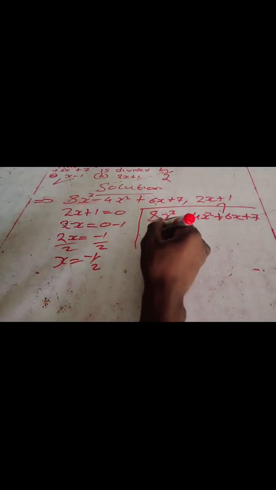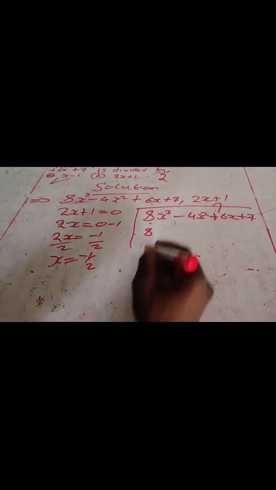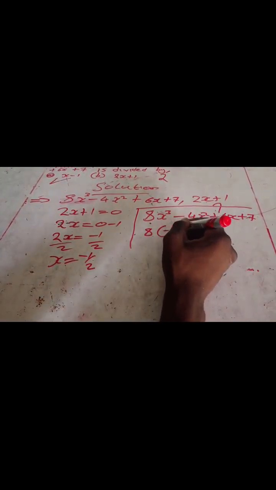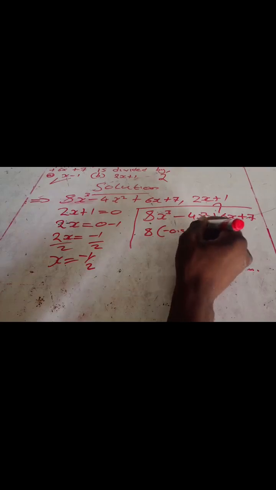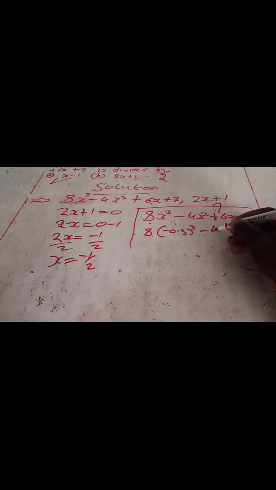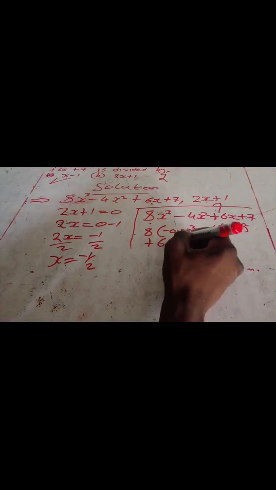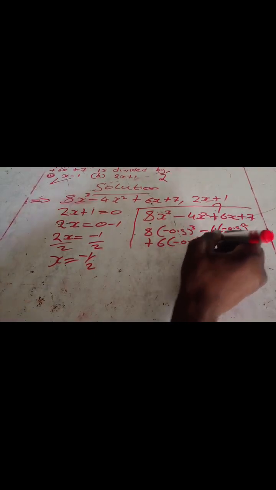I'm going to have 8 times negative 0.5 cubed minus 4 times negative 0.5 squared plus 6 times negative 0.5 plus 7.